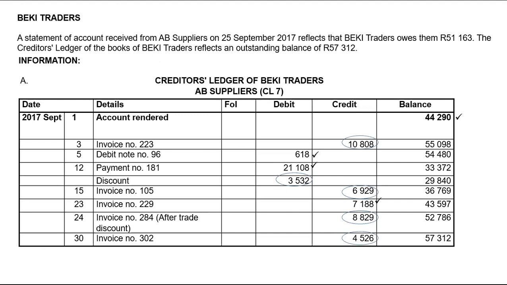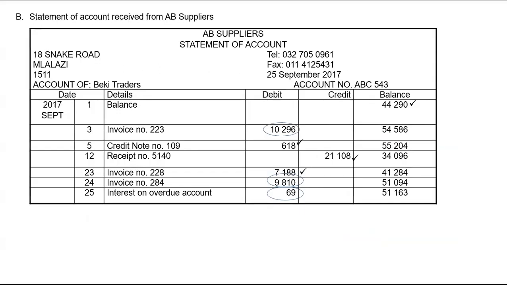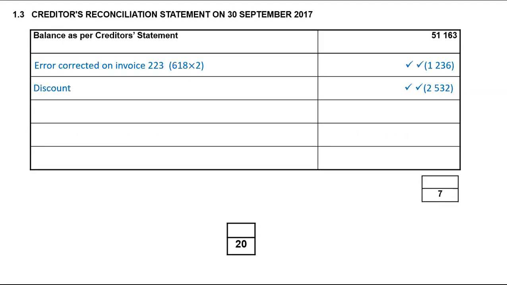Now it says there 284. After trade discount, we recorded 8,828. And they recorded 9,810. So our account is overstated in their books by the difference. We're going to go to the creditors reconciliation statement and reduce our account by the difference.